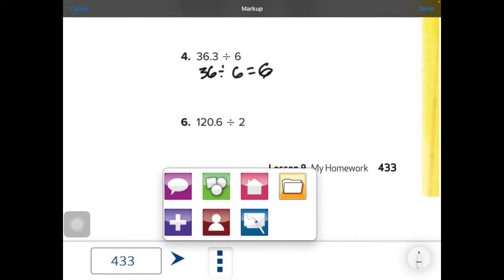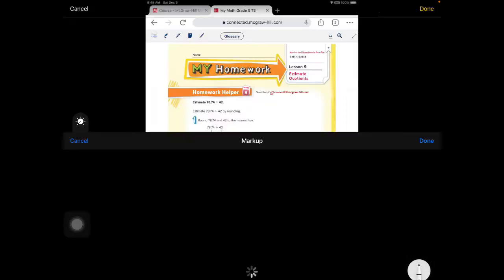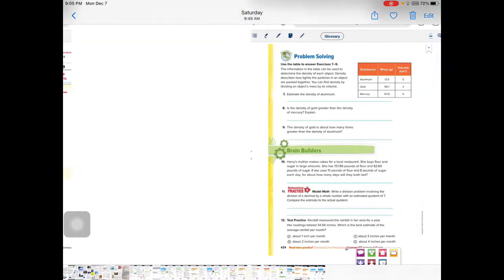And that works a lot nicer. Number 6. Well, I'm just going to round it to 120 because then I know that 12 divided by 2 equals 6. Bring the 0 over is 60. Okay, check your work.